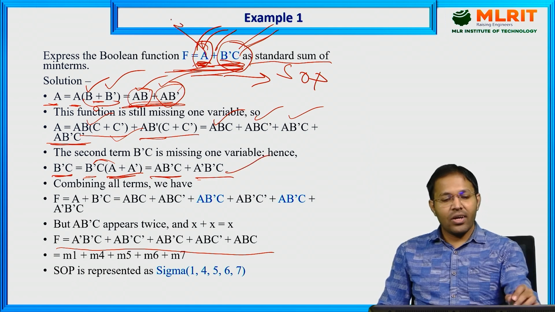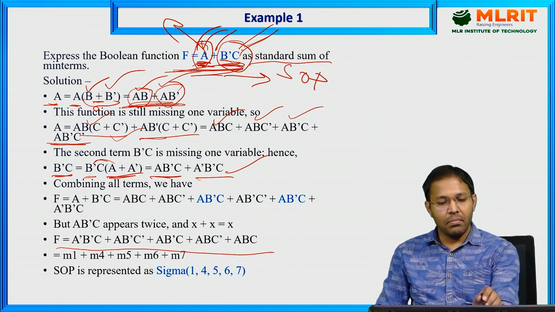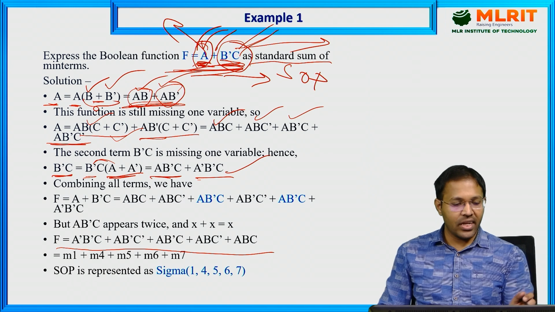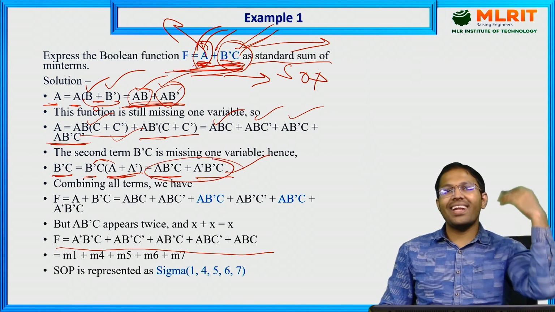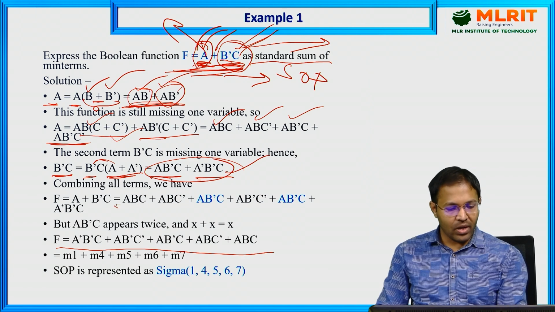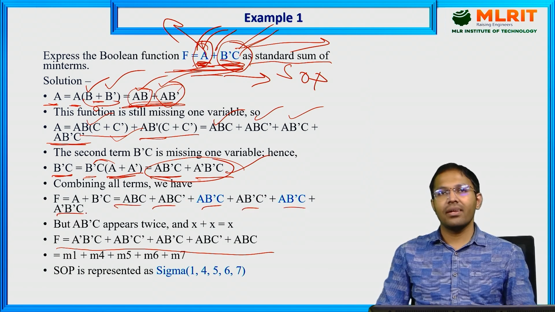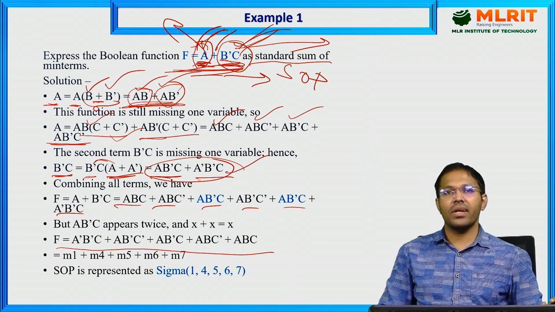So A was expanded into 4 terms. B complement C was expanded into 2 terms. So the final result will consist of 6 terms: 1, 2, 3, 4, 5, 6. Simply adding both the results that you got for A and for B complement C.